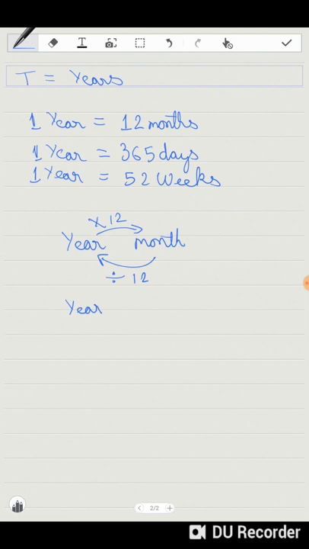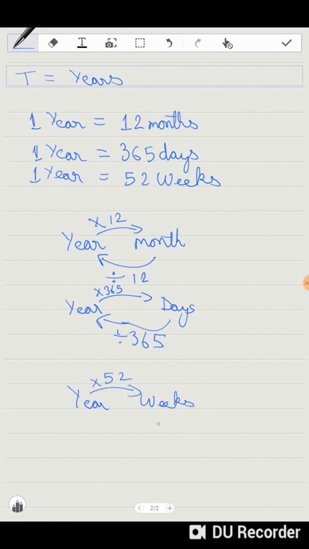Similarly, if I want to convert year into days, I will multiply by 365, and if I want to convert days into years, I will divide by 365. Similarly, year into weeks, I will multiply by 52, and here I will divide by 52 if I want to convert weeks into years. So this was for time.